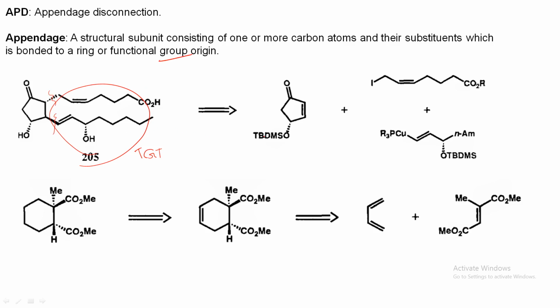If we do that, we generate this type of five-member ring, which has an alpha beta unsaturated keto moiety, and it is protected with a protecting group, TBDMS, which is tert-butyl dimethyl silane.